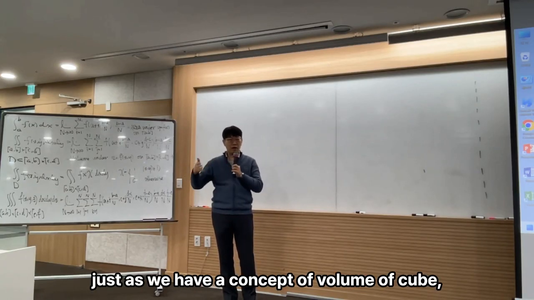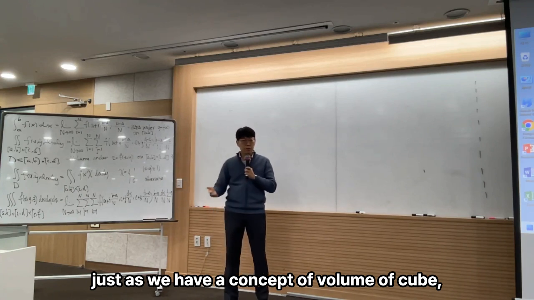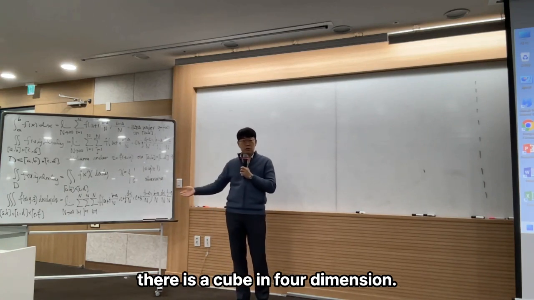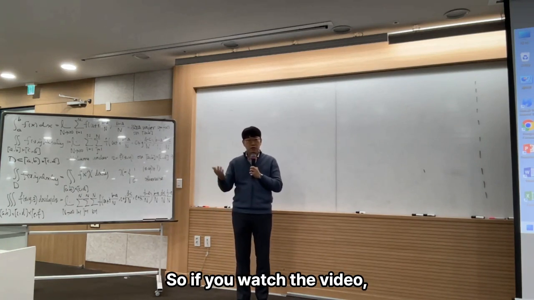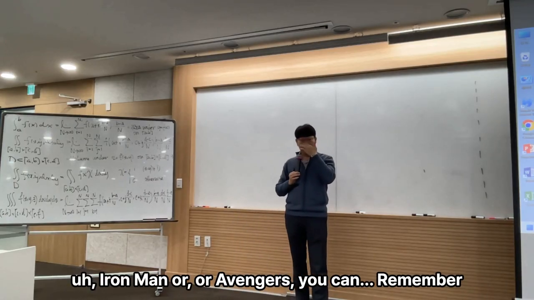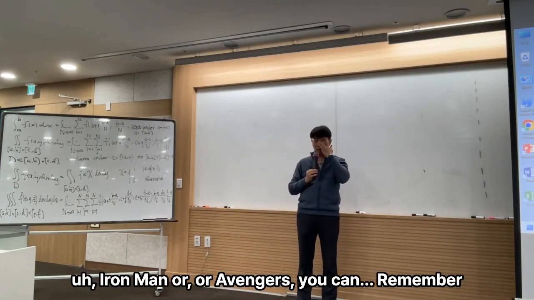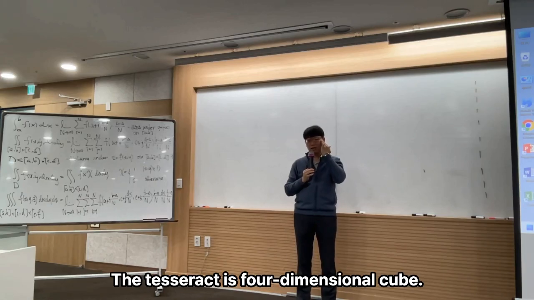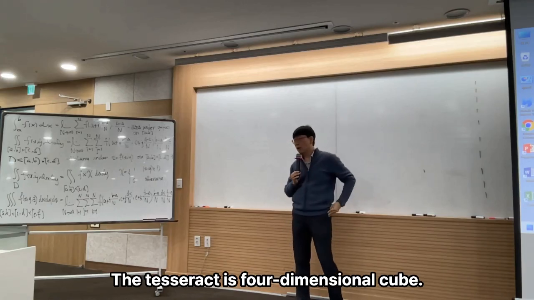Just as we have the volume of a cube, there is a cube in the fourth dimension. If you watched the movies Iron Man or Avengers, you may remember the tesseract. The tesseract is a four-dimensional cube.